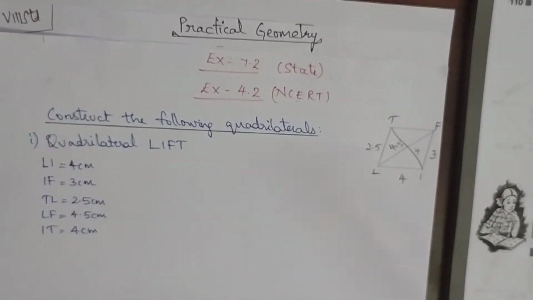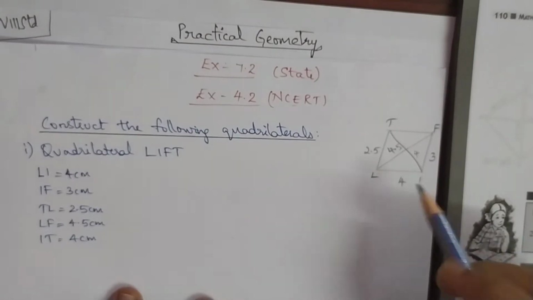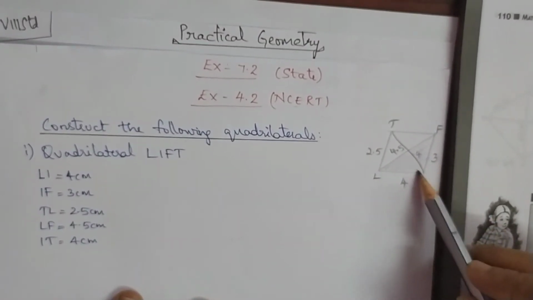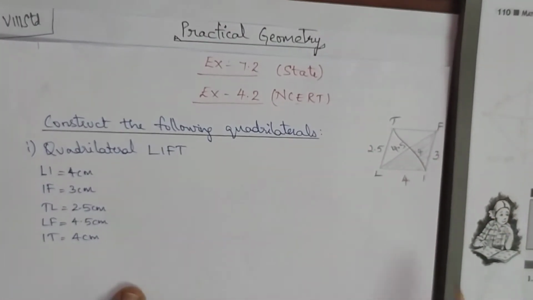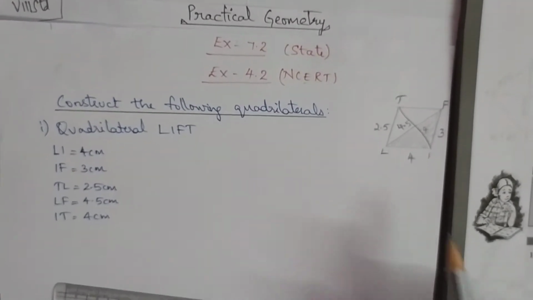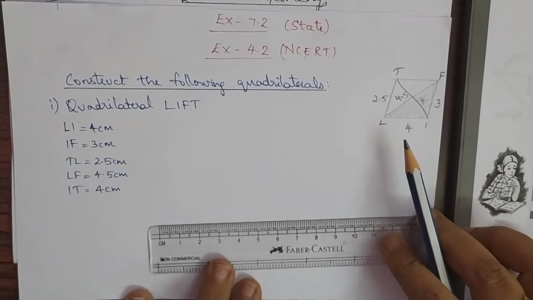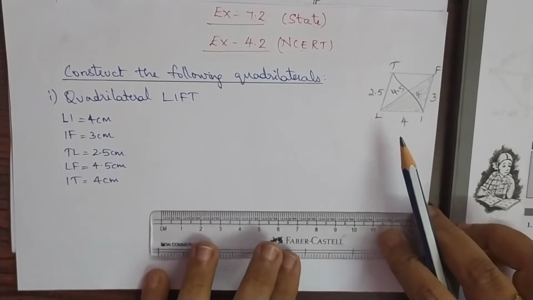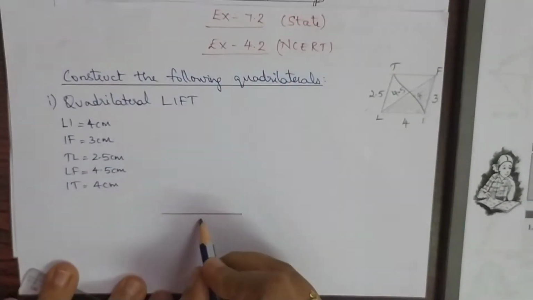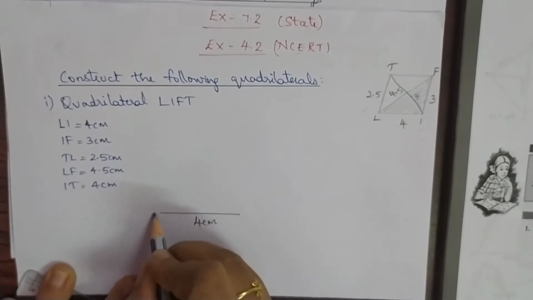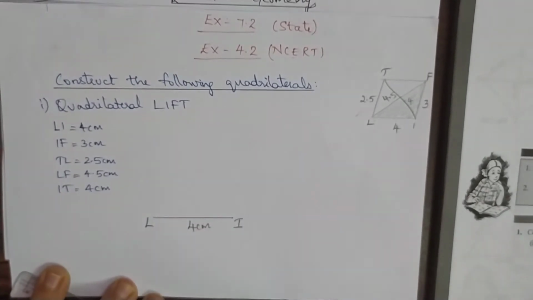Now let us start. Let us first draw this part of the quadrilateral. LI is 4 centimeters, so we are going to draw a 4 centimeter line and name it LI.